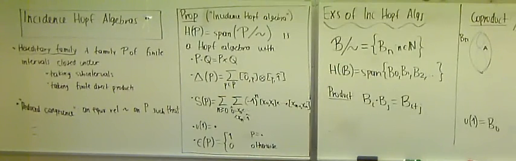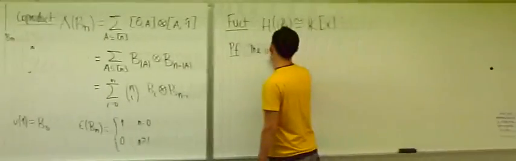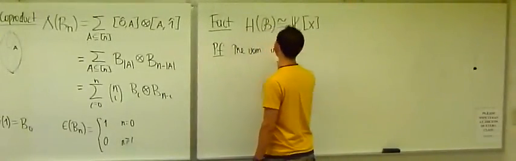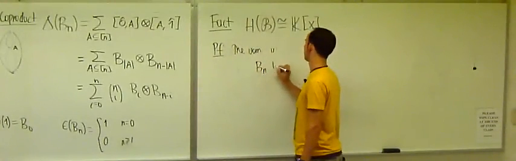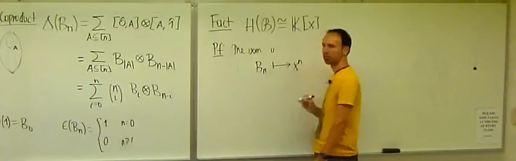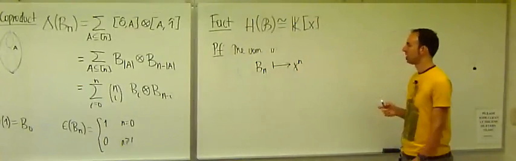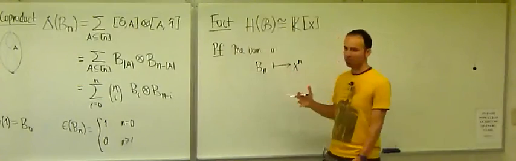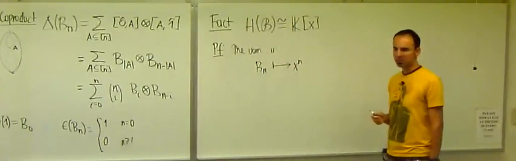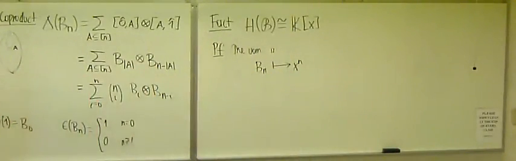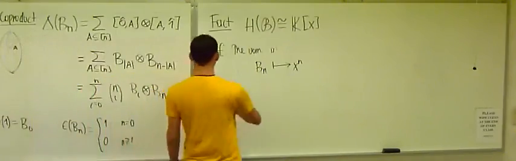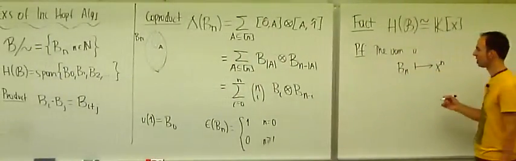So the isomorphism is the one that takes Bn and sends it to x to the n. And then we need to check the respective structures, which is what I did. Right? I said, you know, x to the i times x to the j is x to the i plus j. So we need to check this is an isomorphism, and that's essentially what I did.